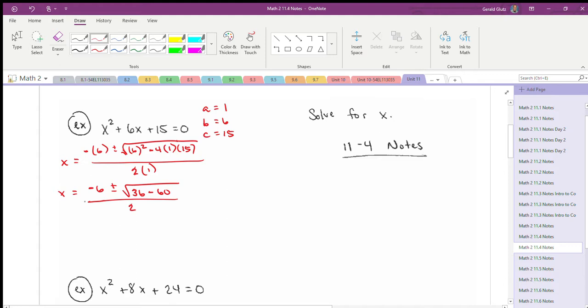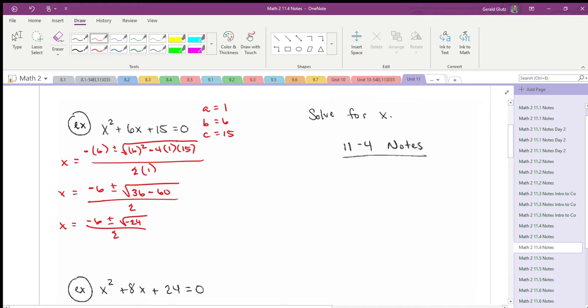By the way, make sure when you do divided by 2a that this divide sign goes under all of the stuff on top, not just the square root. So negative 6 plus or minus the square root of 36 minus 60 is negative 24. Ooh, we have a negative number inside of the square root.